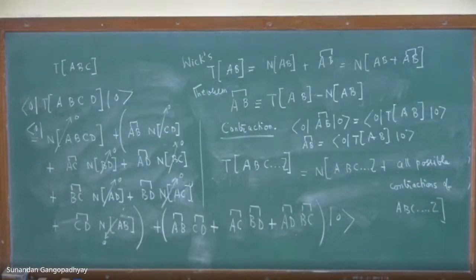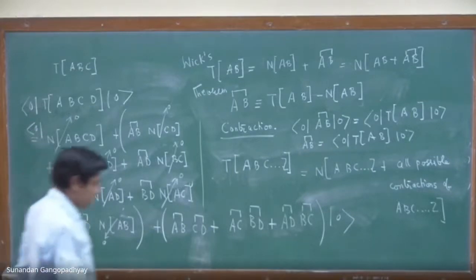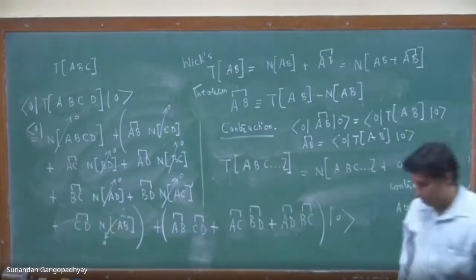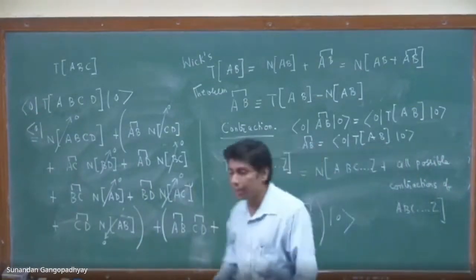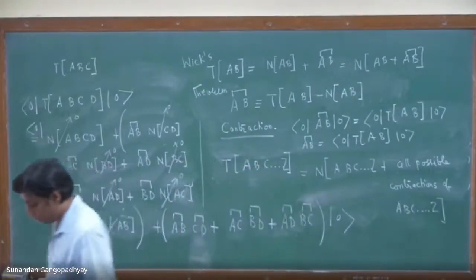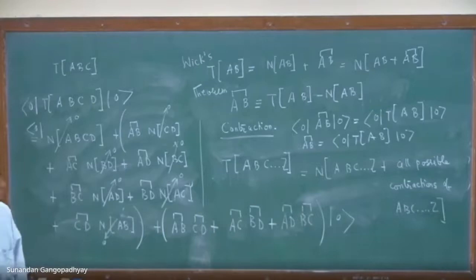I can show you another application of the Wick's theorem, and also a combined application of the formula that I proved a couple of lectures back and the application of Wick's theorem. I can start doing that, but before that, I would like to take up some questions.